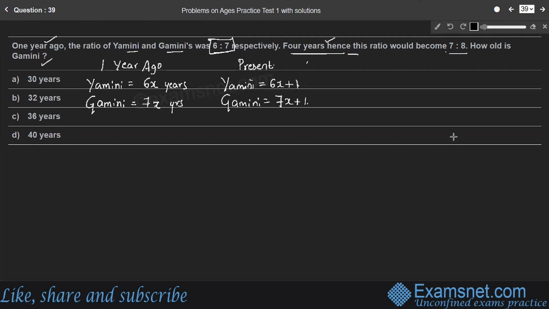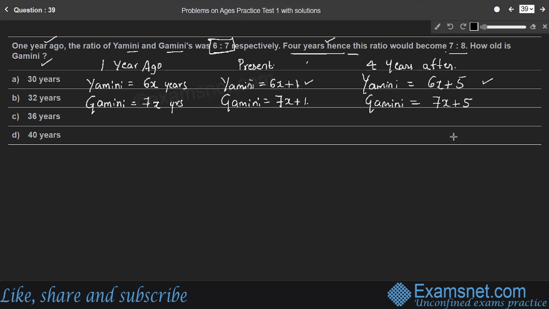Now consider 4 years hence. 4 years after, Yamini's age will be 6x plus 1 plus 4, which becomes 6x plus 5, whereas Gamini's age will be 7x plus 5, right?